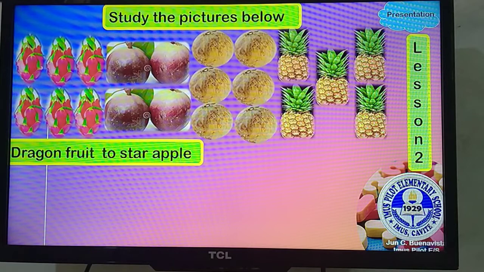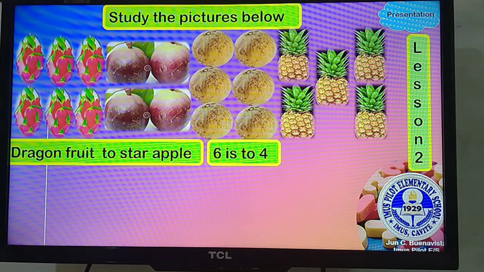Dragon fruit to star apple. How many dragon fruit do we have? We have 6. How many star apple do we have? We have 4. Okay, we are going to compare using a ratio. So that is 6 is to 4. So that is ratio. 6 is to 4.